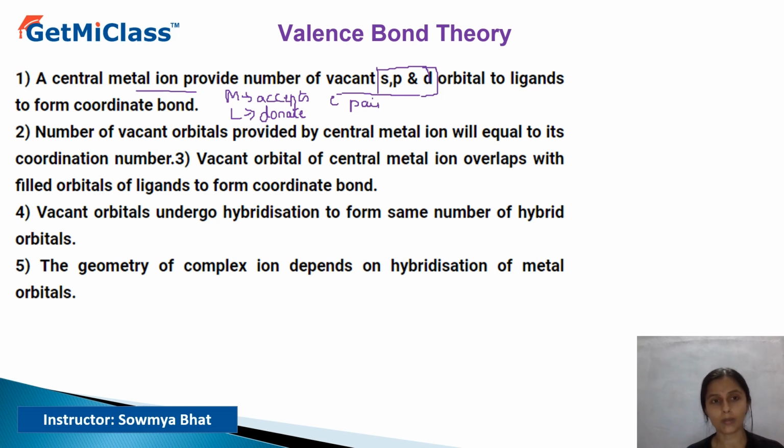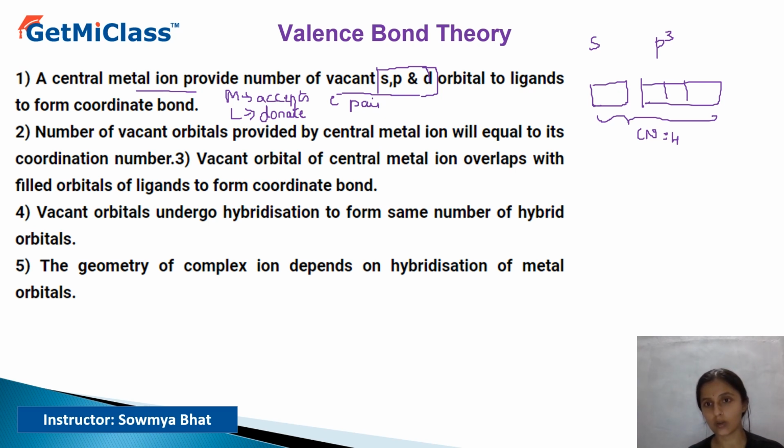The number of vacant orbitals provided by the central metal atom is equal to its coordination number. Say it provides one s and three p orbitals. These are the orbitals of the central metal atom. So the coordination number is equal to 4 here, because the metal atom provides 4 orbitals, and each ligand gives a pair of electrons.